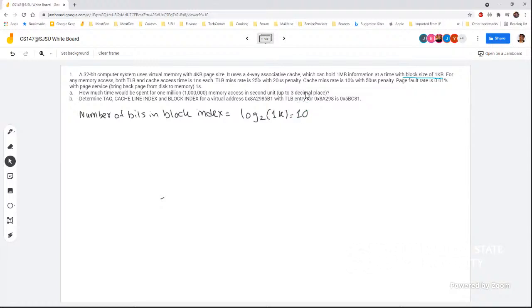Now this next data is a four-way associative cache with a total of 1 megabyte of information.